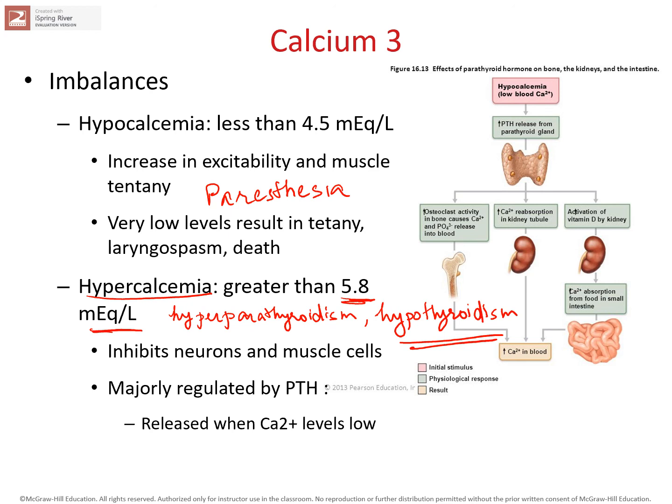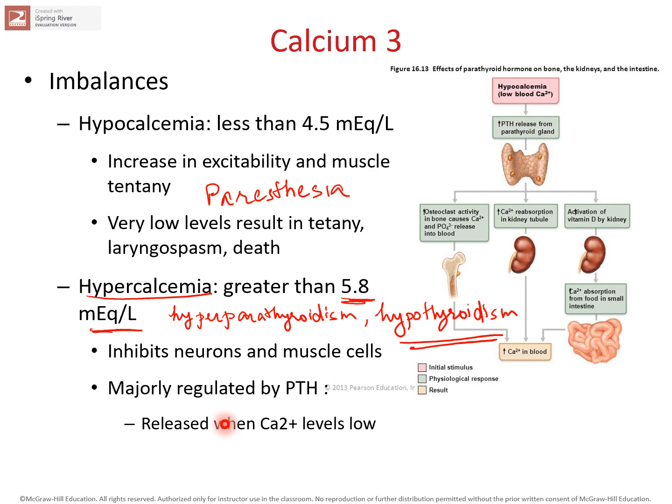In hypercalcemia, the neurons and muscle cells get inhibited because it reduces membrane permeability of sodium. And this inhibits depolarization of nerves and muscles. When this happens, it causes muscle weakness, decreased reflexes, and cardiac arrhythmia.